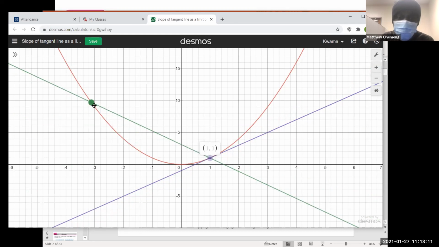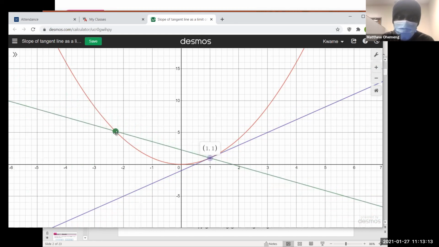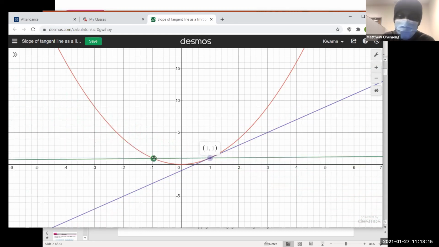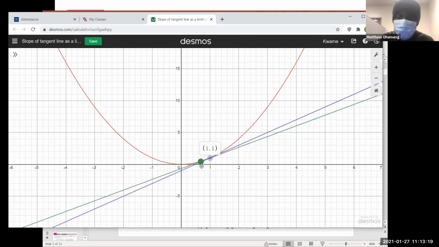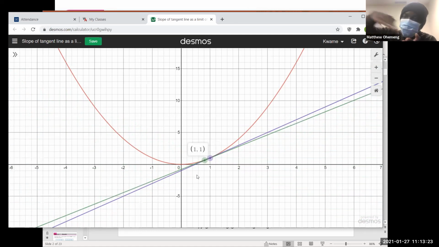I can compute slopes of secant lines, and as you observe, as I get closer and closer to this point from the left, the slope of the secant line is also getting close to the slope of the tangent line, because their slants are almost the same. So either from the right or from the left, the slopes of the secant lines serve as a good approximation to the slope of the tangent line.